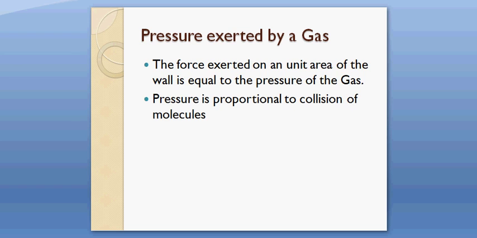Every molecule exerts the same kind of pressure on the wall of the vessel. So if we calculate the unit area, we'll come to know the pressure of the gas, right?